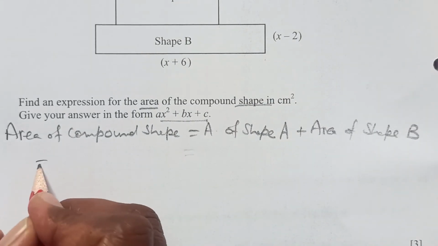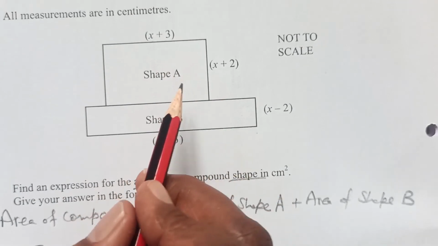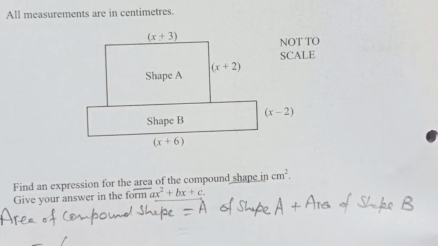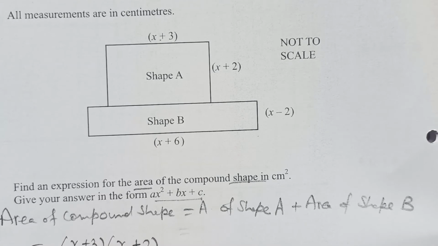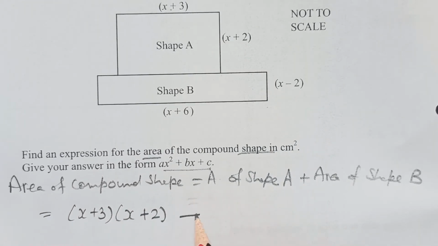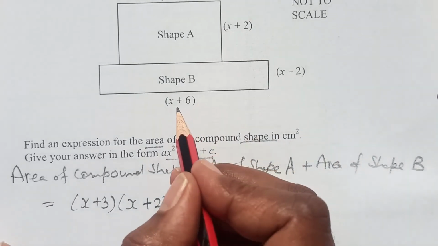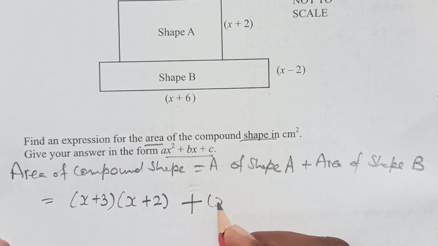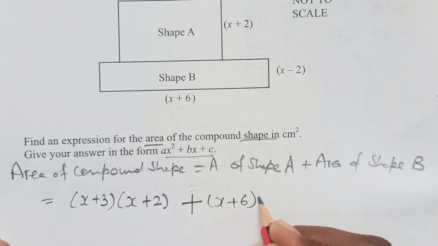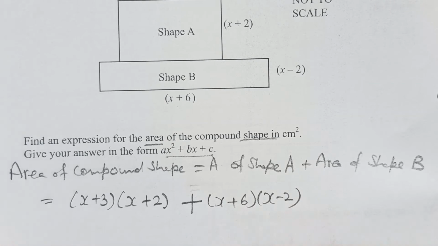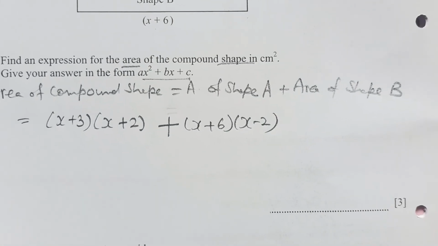This side, area of shape A. Area of shape is length times width. So x plus 3 times x plus 2, right? That is shape A. Now plus area of shape B. Again length times width, that is x plus 6 into x minus 2. Now we just expand the bracket, then we will see what we are getting.